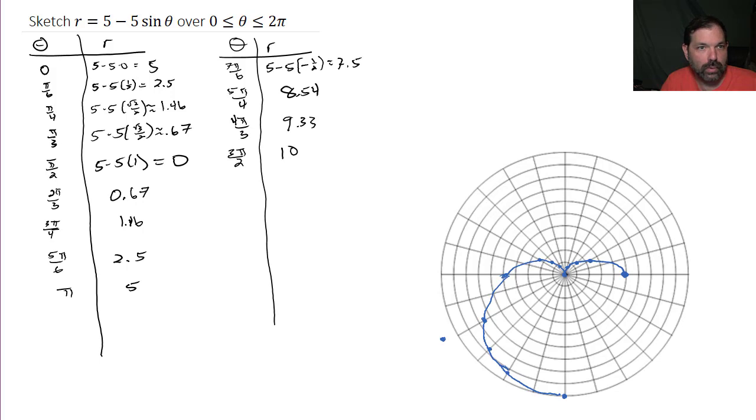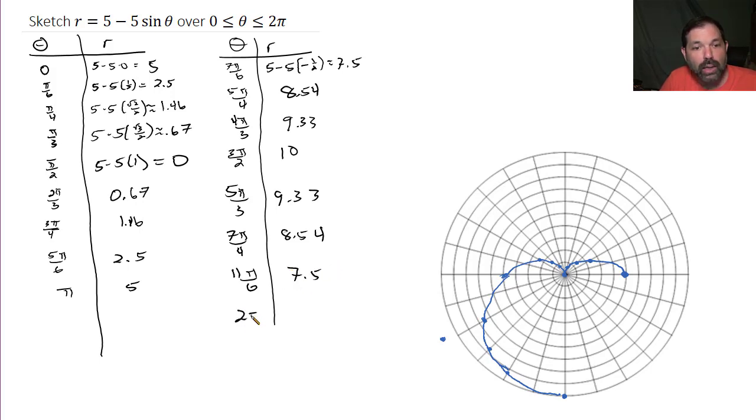And if we go and fill in the last few details, at 5 pi over 3, it again ends up being positive 9.33. At 7 pi over 4, 8.54 again. At 11 pi over 6, this ends up being 7.5 again.